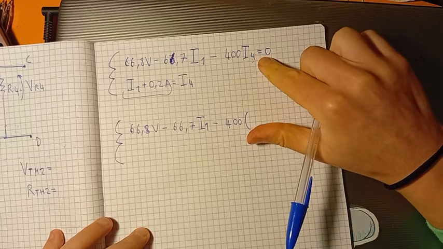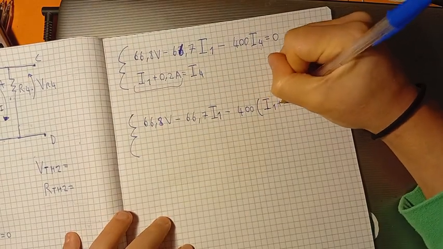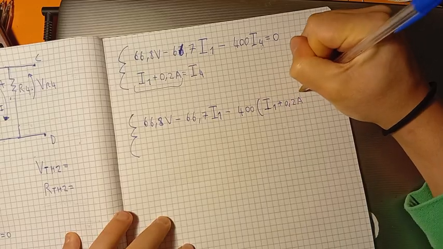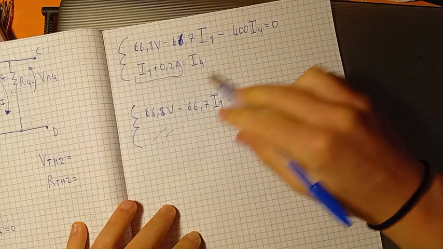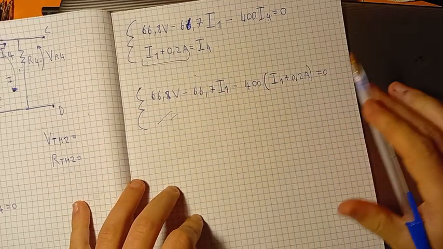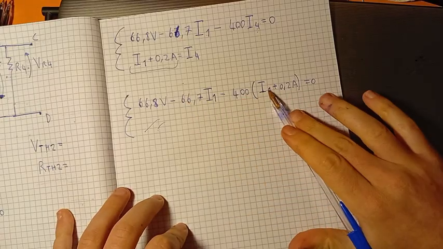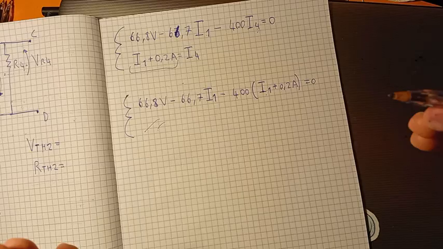In place of I4, we'll write this. Let's not write the second equation again. Let's concentrate on this for now. Now we have one equation and one unknown term, so we can find the value of I1 now.